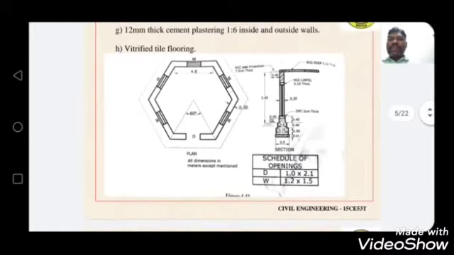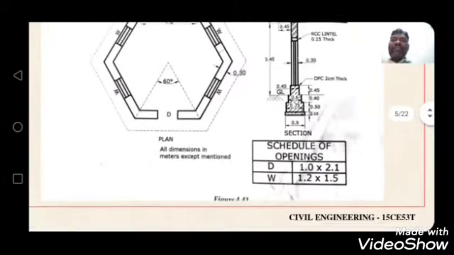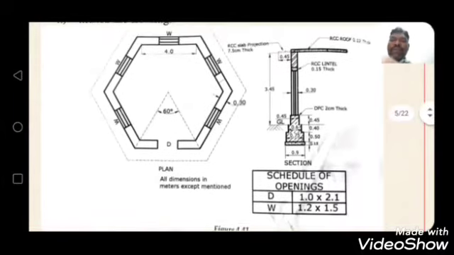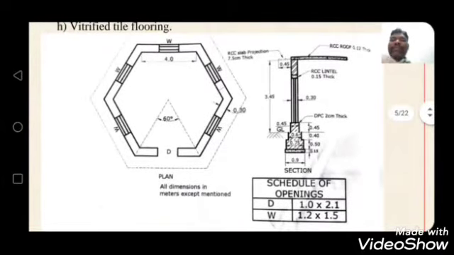This is the hexagonal plan, and the foundation details are: 0.9 width of the excavation and total depth of excavation is 1.05 meter. The bed concrete thickness is 0.15 meter, and the foundation has two steps, 0.6 into 0.4 meter first step and 0.75 into 0.5 meter.